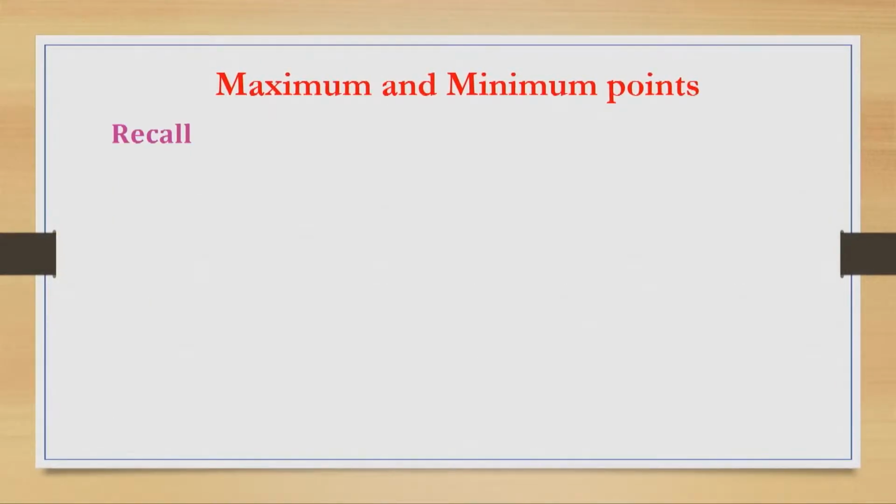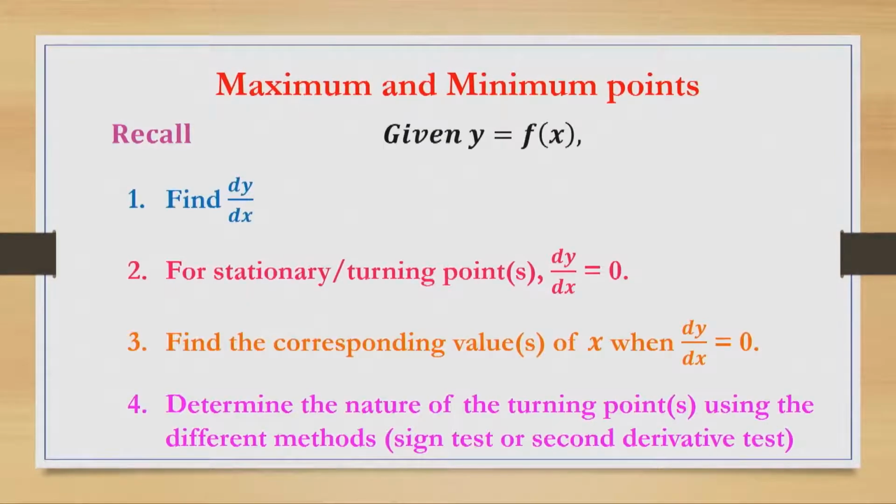You will recall that in the previous lesson you have learned how to find maximum and minimum points. A quick recall. So given y equal to f of x, you need to find dy by dx. Then you need to find the turning points. Now remember, for turning points, dy by dx is equal to 0.